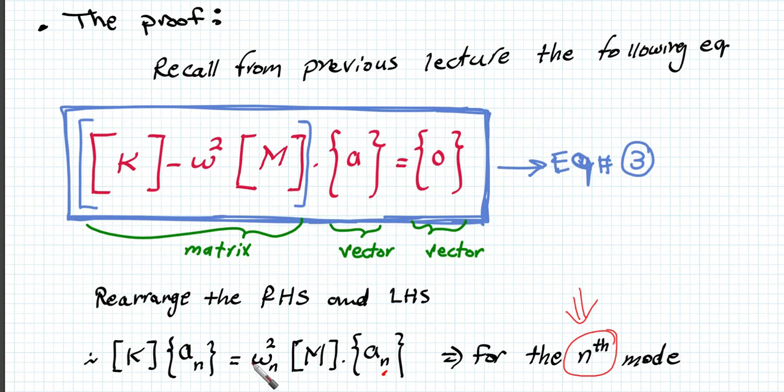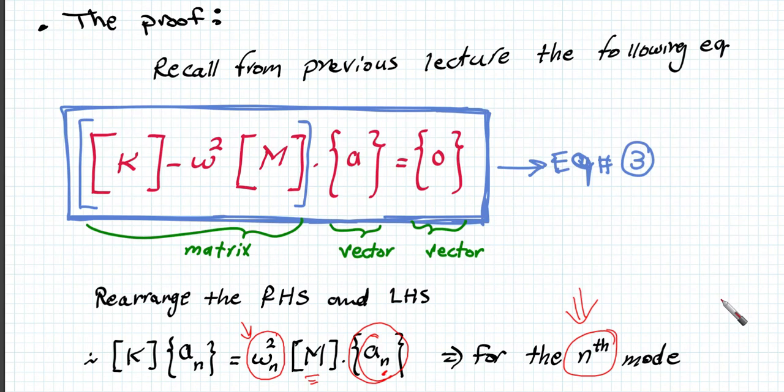This equation applies for any nth mode: the stiffness matrix times the mode shape of this mode equals the circular frequency squared of this particular mode times the mass matrix of the system times the mode shape itself. So this is how we can understand this equation after rearranging.